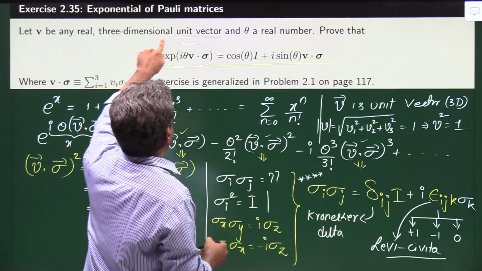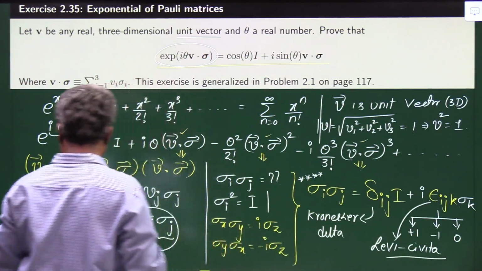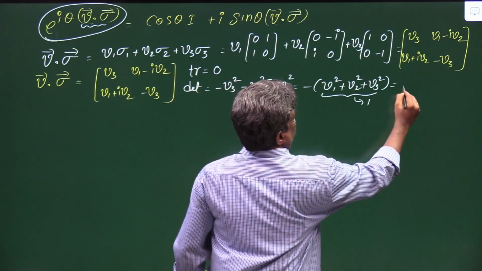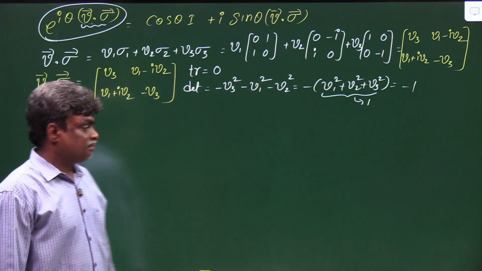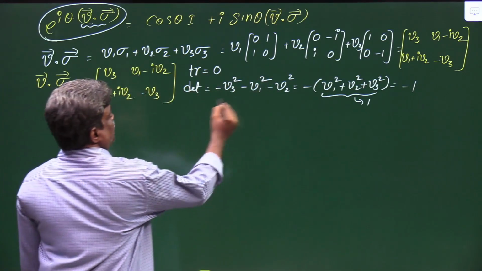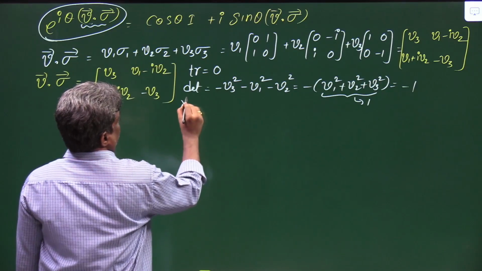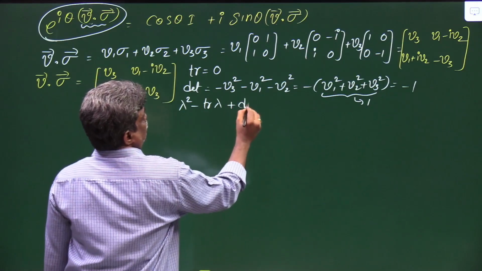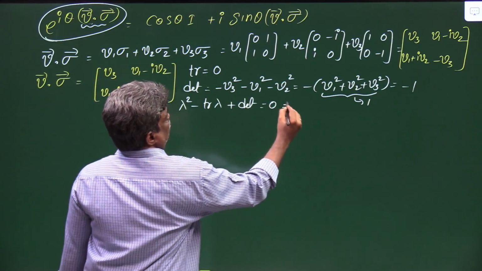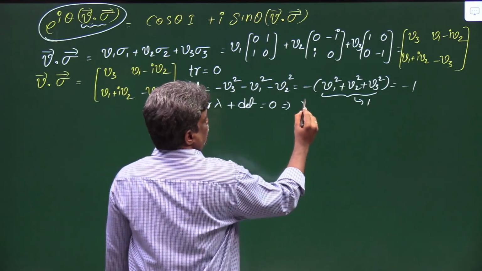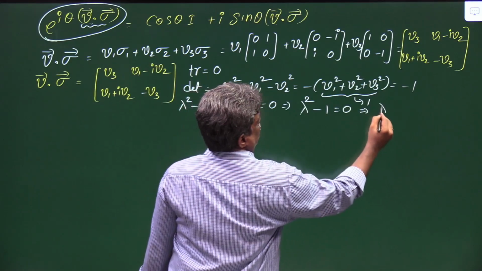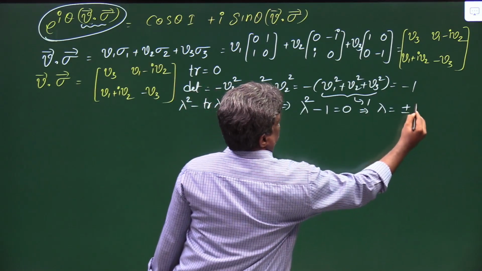So that's why this magnitude is equal to 1, and this is minus 1. Fine, so we got the determinant minus 1. That's why the characteristic equation lambda square plus the determinant equals 0. Trace is 0, so lambda square minus 1 equals 0. Lambda equals plus or minus 1.